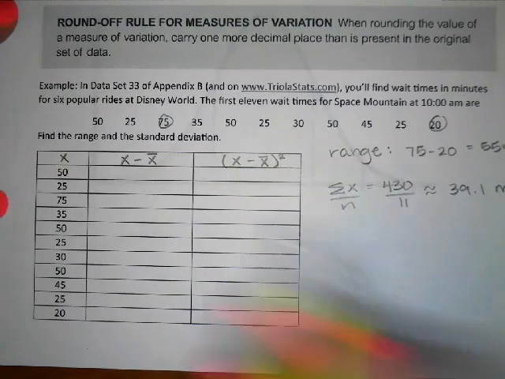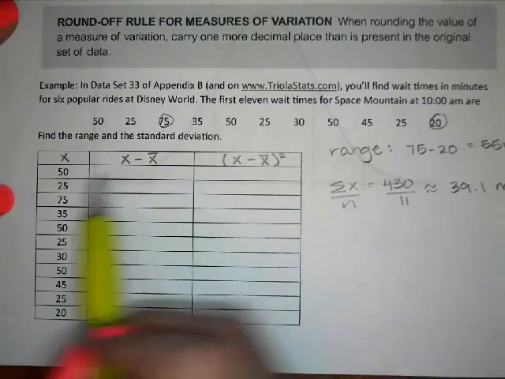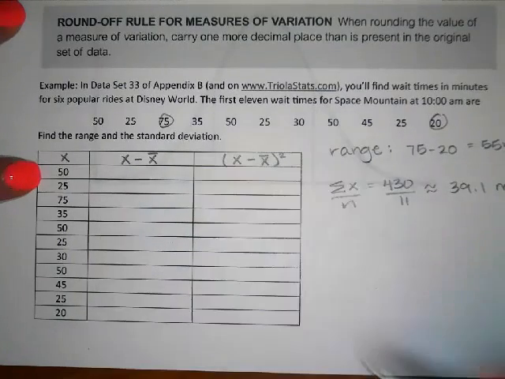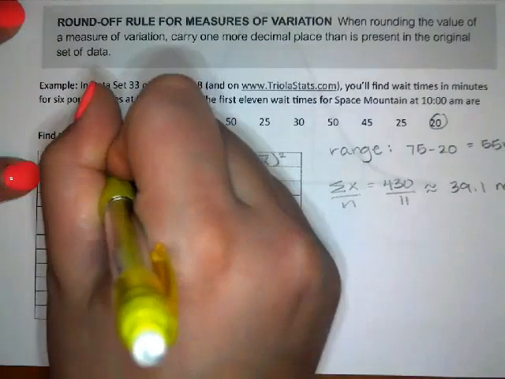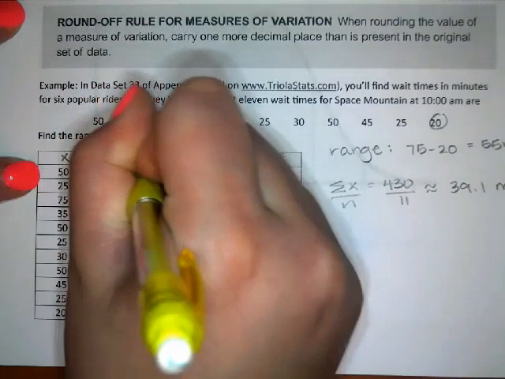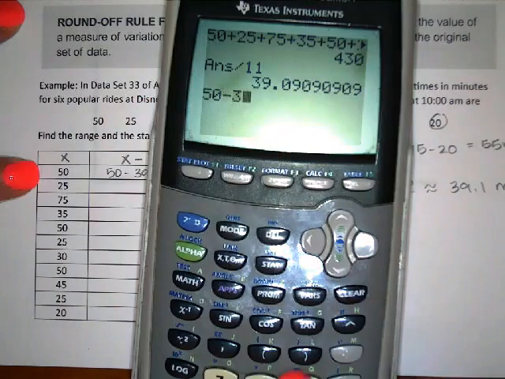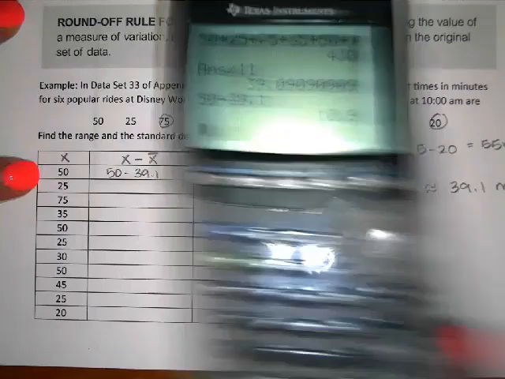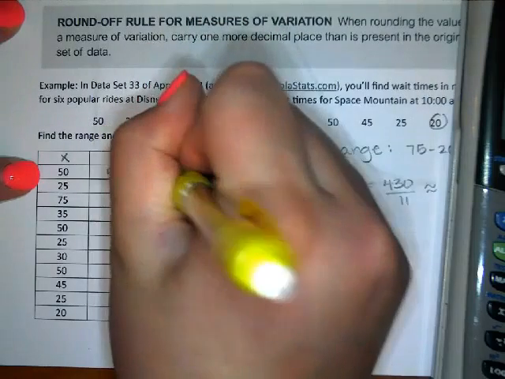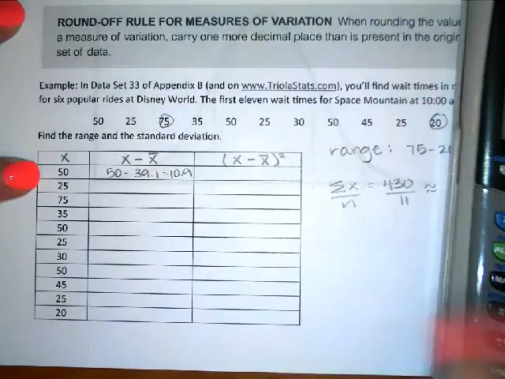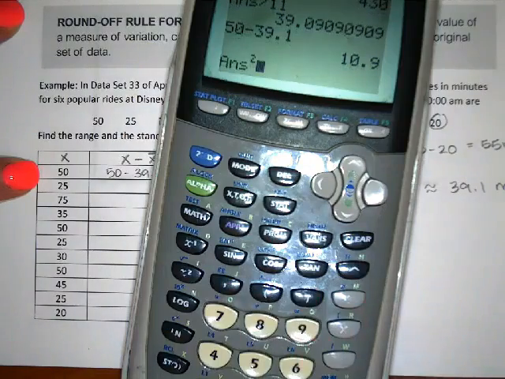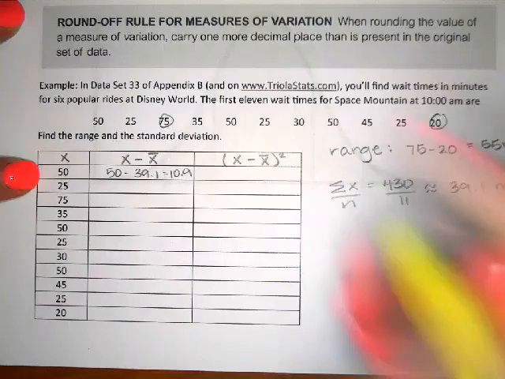Okay, so now we're going to go through and do the data point minus the mean. So 50 minus 39.1, 10.9. And then I'm going to square that, 118.81.